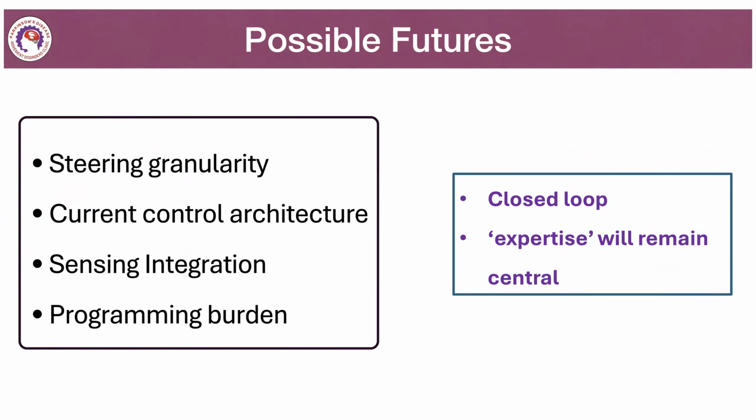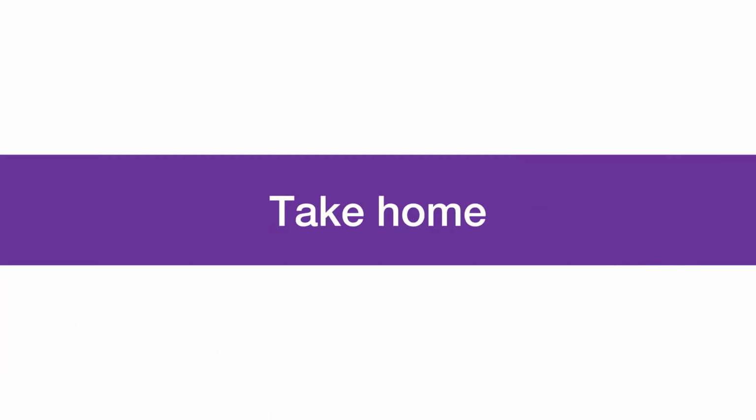Based upon this sensing integration, if the current control architecture can be automatically modified, giving better steering granularity, we'll have an idealistic closed loop. But always remember, expertise will remain central. Your skill and your decision will always be important. Please make sure you understand what you are doing.